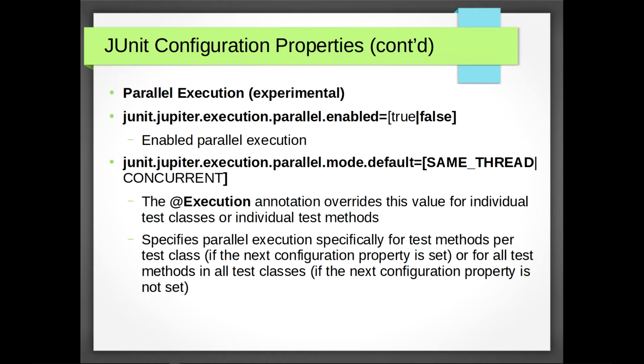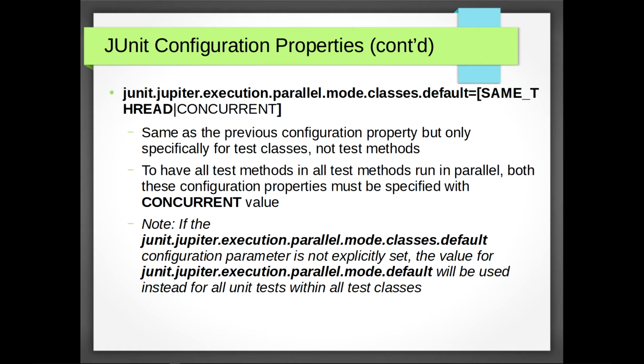Alright, let us go to the next slide. So the next configuration property we are going to review deals with parallel execution for test classes. And it is junit.jupiter.execution.parallel.mode.classes.default equals either same_thread, which is the default, or concurrent.